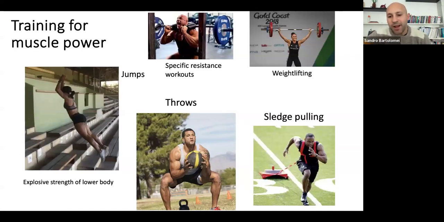So several different strategies and exercises can be adopted in order to increase power. For example, jumps. Jumps are very important to stimulate power. And based upon the kind of jumps that we introduce, we may obtain different effects. For example, jumping on stairs, like in the picture on the left, reduces the eccentric contractions, because you are not dropping at the same level at which you started the jump.